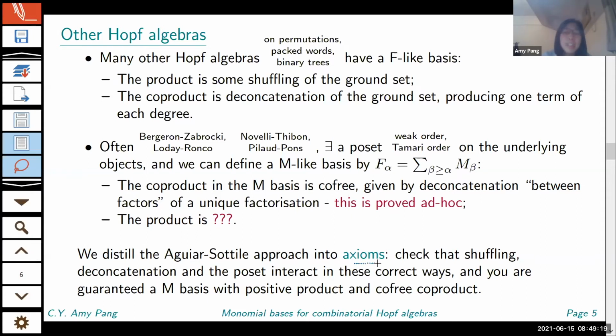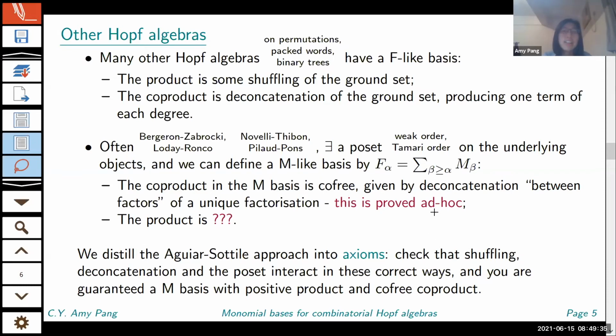The axioms say that the shuffle that defines your product, the deconcatenation that defines the coproduct, and the poset have to interact in some specified way.